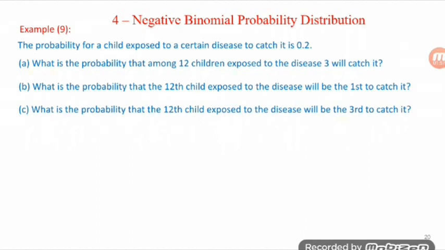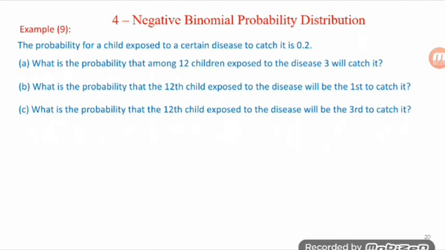So we have a limited number of trials, and each trial has two outcomes: either the child with the disease or without the disease. And he asked in the question to compute the probability that 3 children have the disease. So I'm interested in having the disease, so this will be the success for me.